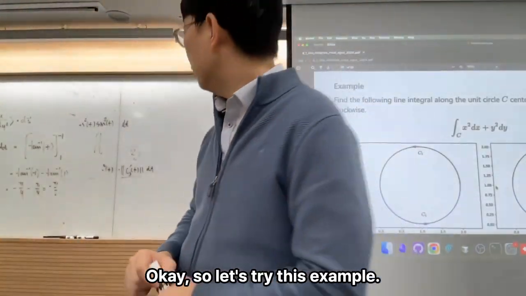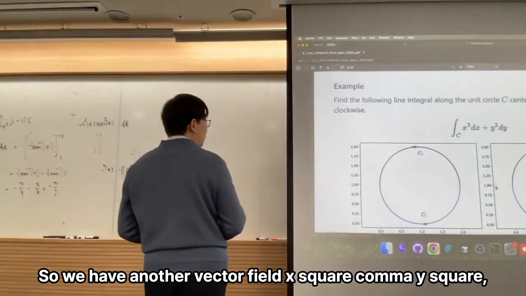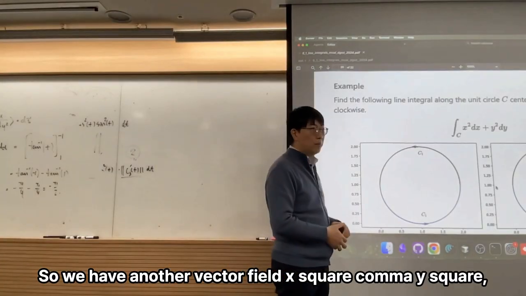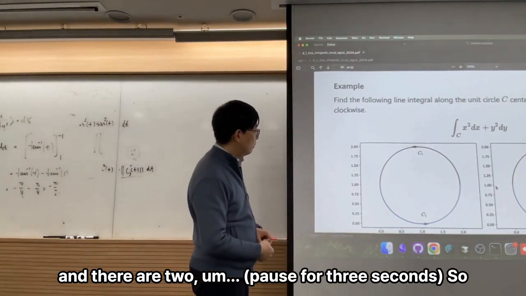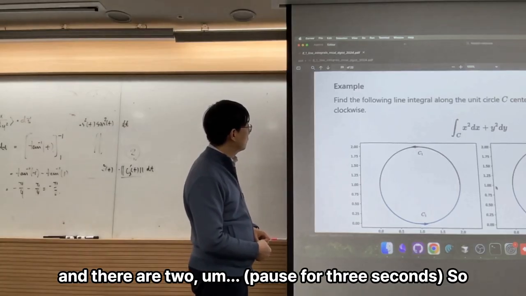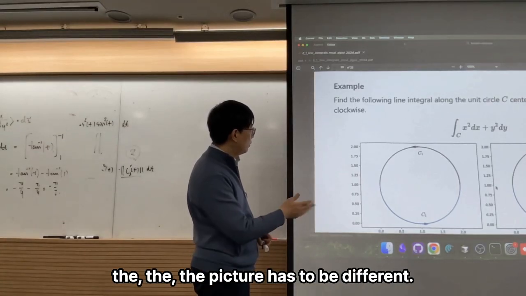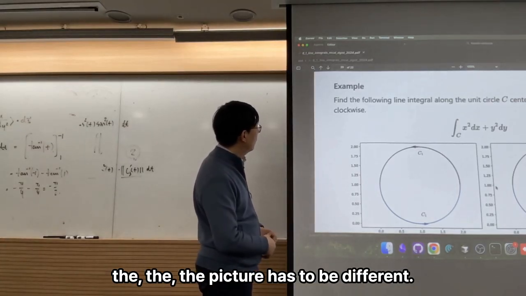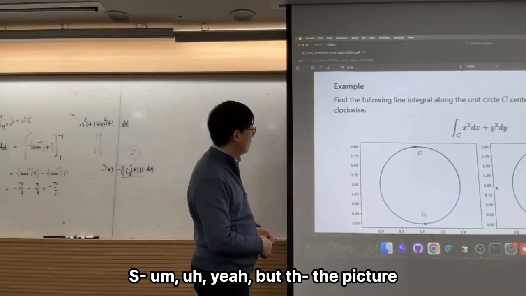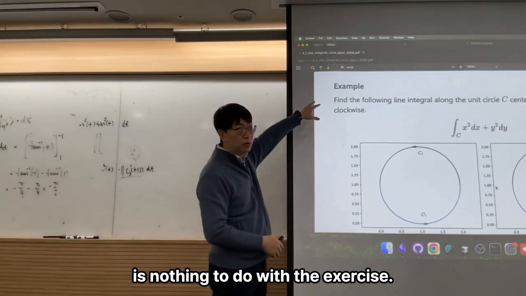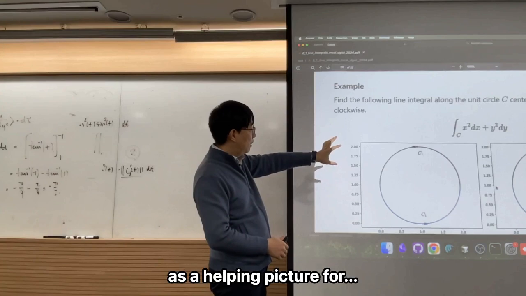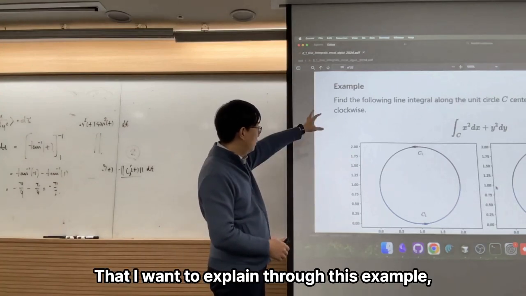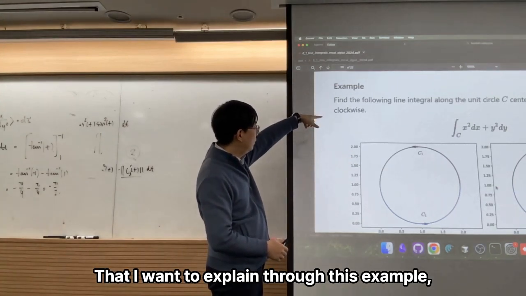Let's try this example. We have another vector field, x squared comma y squared. The picture has to be different, but the picture has nothing to do with the exercise. I put the picture as a helping picture that I want to explain through this example.